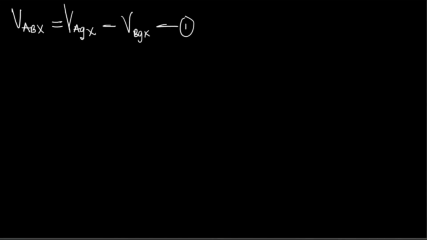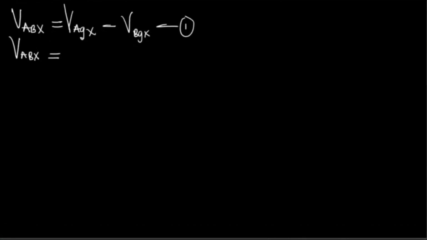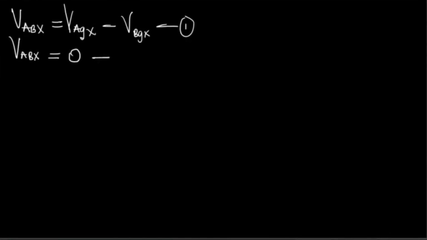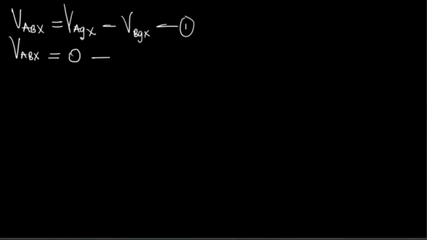What is the velocity of A relative to the ground on the x-axis? Let's check our parameters. It's 0, right? So this is 0 minus the velocity of B relative to the ground on the x-axis, which is 8. So it's 0 minus 8, which gives us minus 8 meters per second. Let's just leave it the way it is.